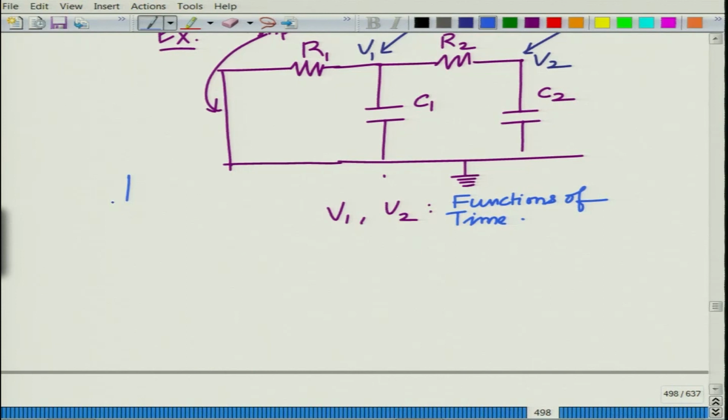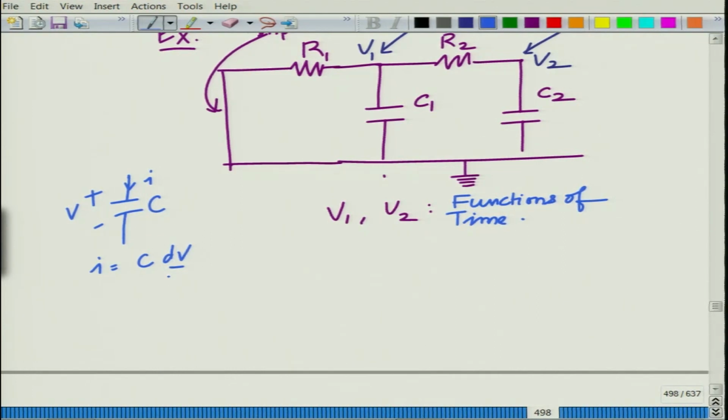In general, we can use the principle of circuits: if this is a current I and this is the voltage V across a capacitor, then I equals C dV by dt.